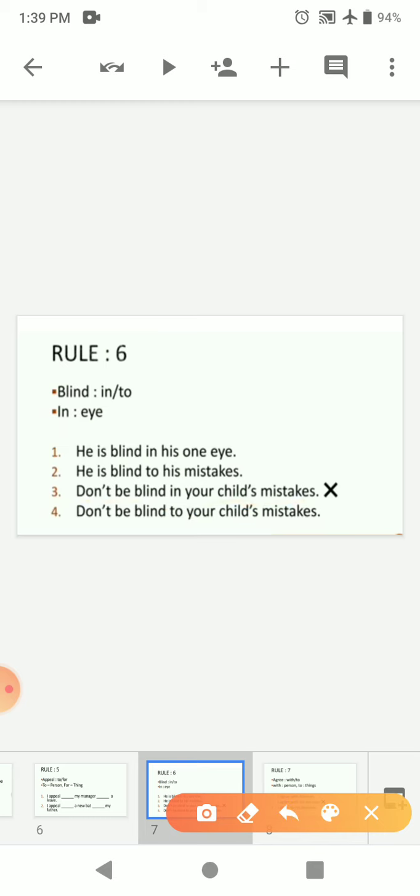So we are talking about a parent who is taking their child's behavior, their mistakes for granted. We are talking about that person's behavior, nature, so we use to. Don't be blind in your child's mistake is totally incorrect. Don't be blind to your child's mistake, this is correct.